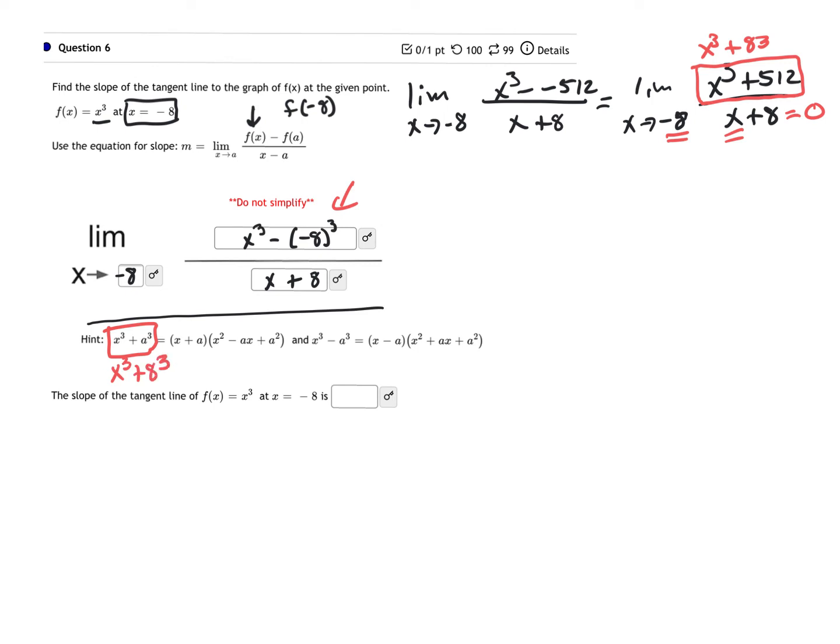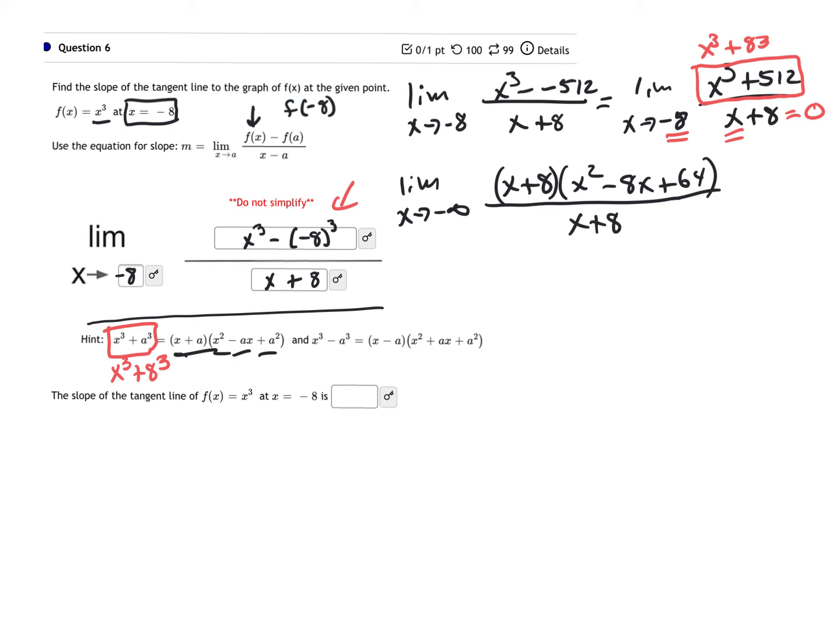So when I put this in, I'm just going to replace a with 8. So I'll have something that looks like this. The limit as x approaches -8 of, now on top I'm going to start with x plus 8 times x squared minus 8x plus 8 squared, which is 64, all of that over x plus 8.